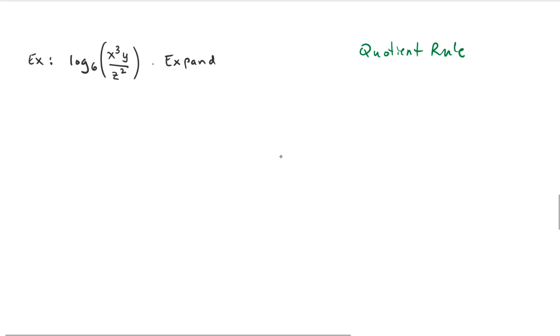And then it looks like I'm going to have to use the power rule as well, because I can see a power here and a power there. So I'll use that. And then finally, I'm going to have to use the product rule because I have the product in the top. I have an x cubed times y. So we're going to end up using all 3 of our rules in this one. Let's see how it goes.